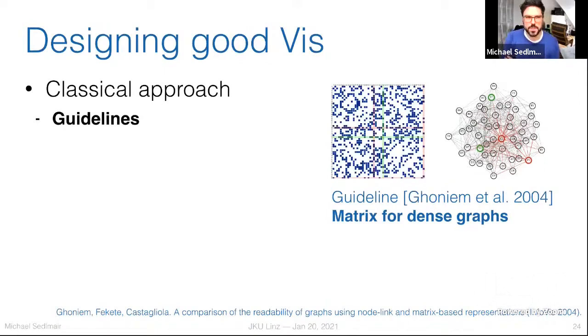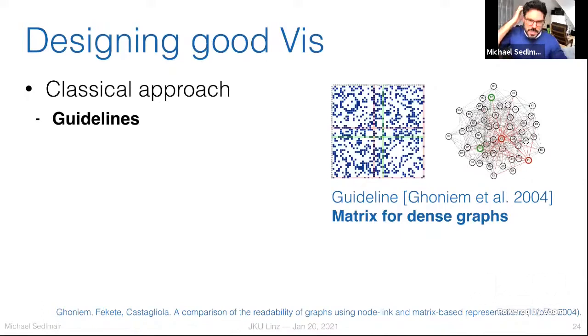They found out that usually the node link diagram really sucks, apart from path tracing tasks, and the adjacency matrix is much better for all the other tasks. By the way, we remember what happened in the meantime, people are still heavily using node link diagrams. So that's probably not the final answer.